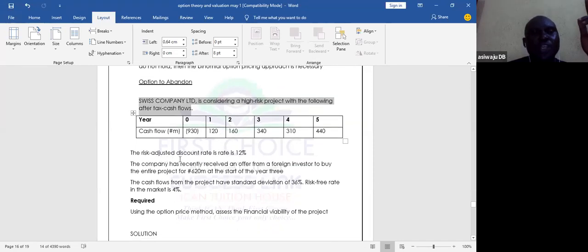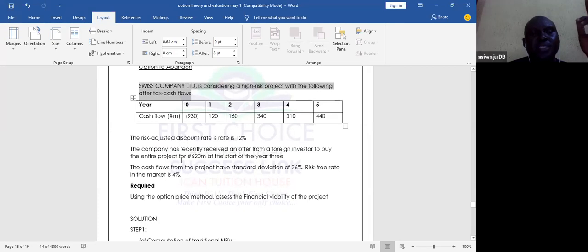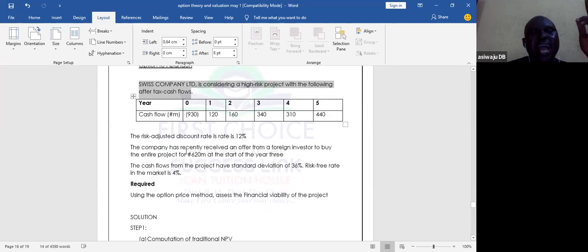The risk-adjusted discount rate is 12%. The company has recently received an offer from a foreign investor to buy the entire project for 620 million at the start of year 3.